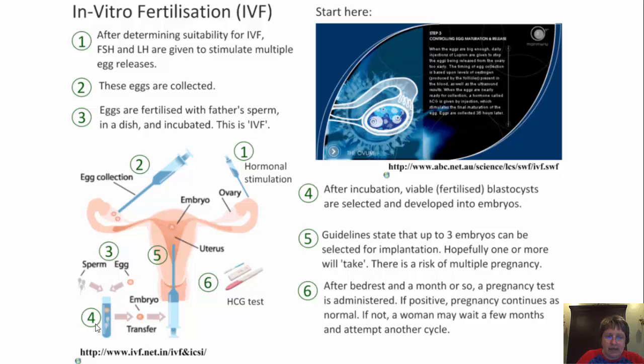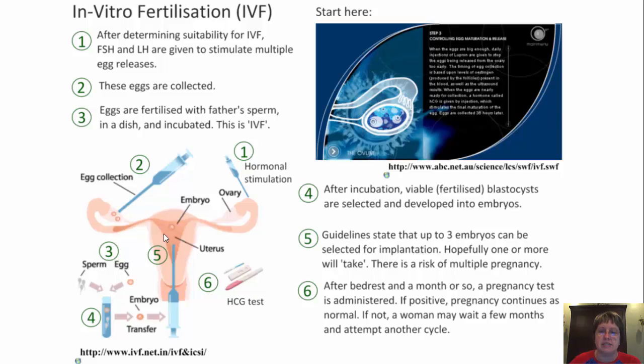At this point, now that we have the embryo, guidelines state that only up to 3 embryos should be selected for implantation into the uterus. Hopefully, 1 or more will take, which means they will adhere and continue to develop inside of the uterus. There is a risk of a multiple pregnancy, and typically when you see octomoms or septuplets, this is what's happened.